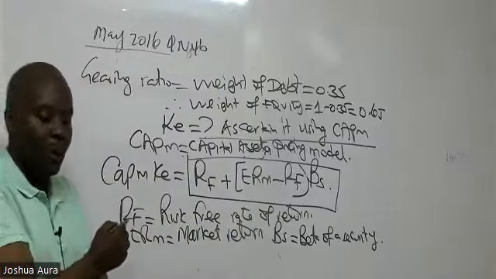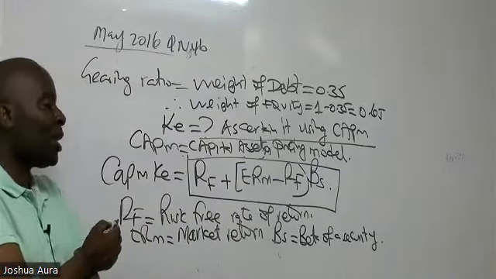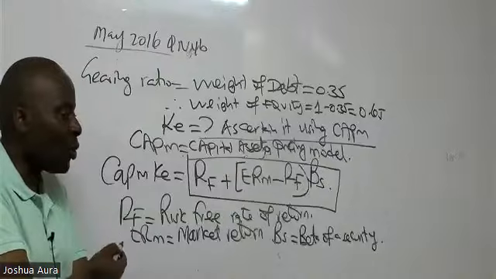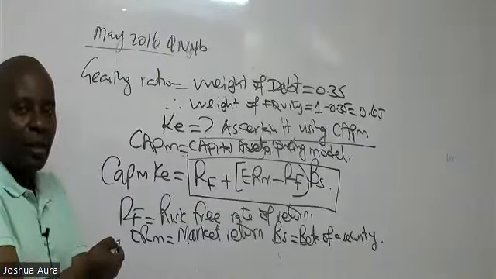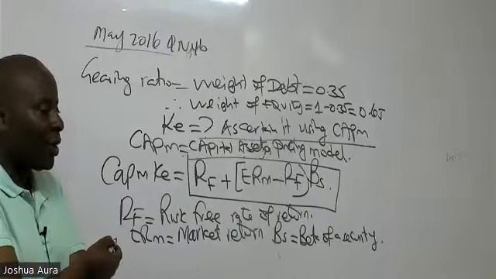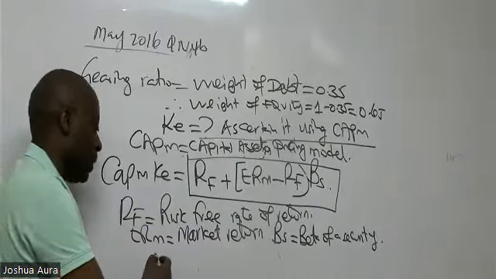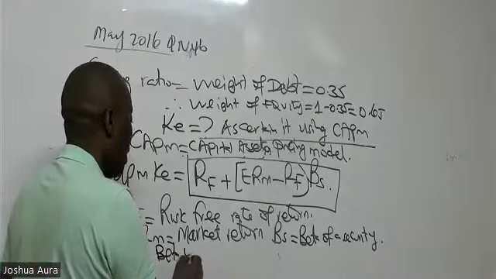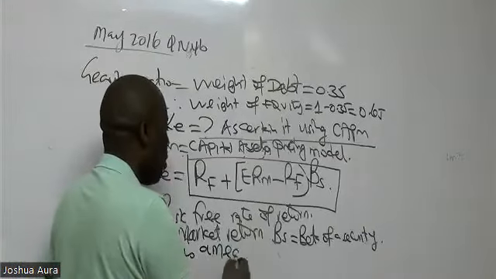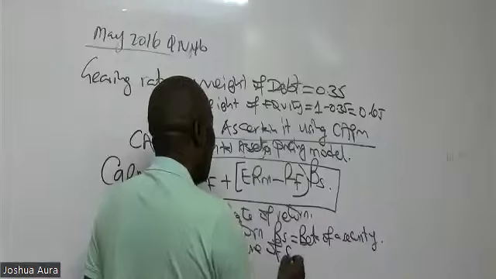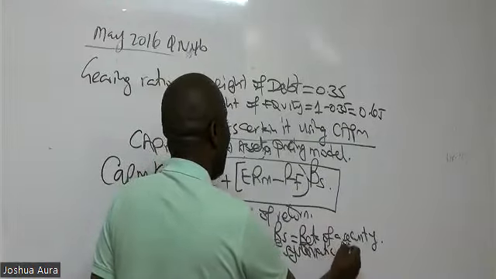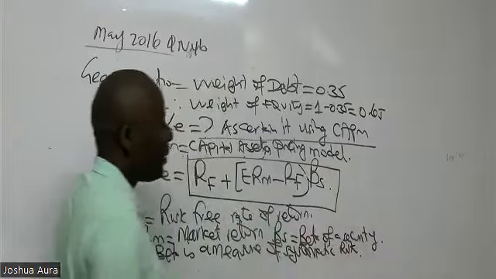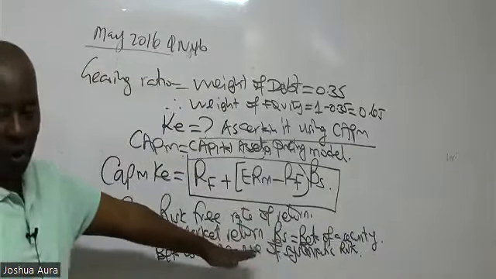For now, I would simply want you to appreciate that beta of a security stands for the systematic risk. So beta is a measure of systematic risk. You can even mention there that beta is a measure of systematic risk. Don't worry about systematic risk.